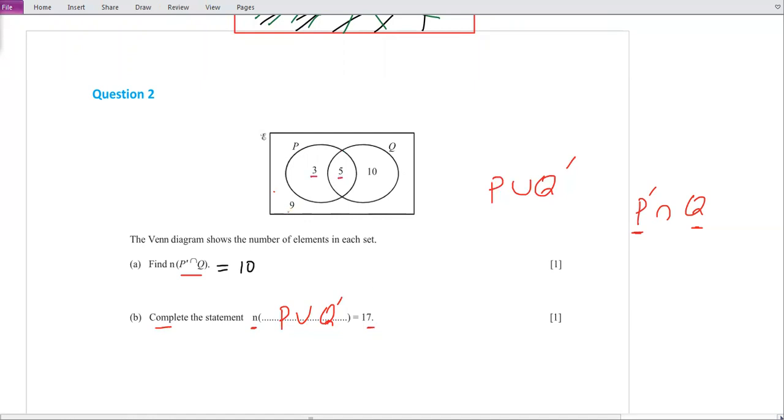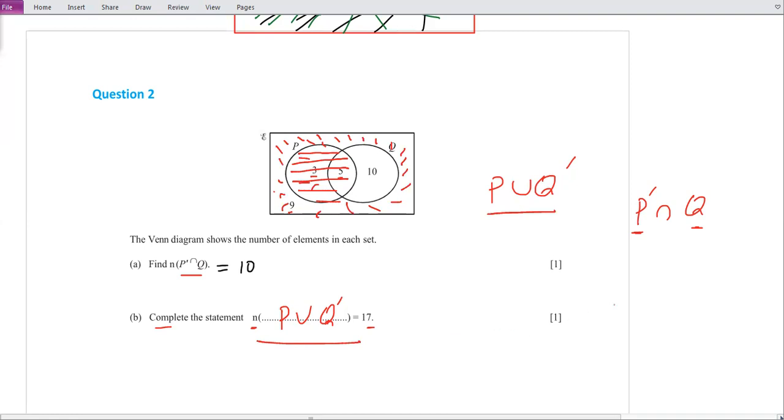This one and this one. You cannot include this 10. So I shaded this, inside the P, and then I just want this 9. I don't want 10, so I keep outside the Q. I did not remove anything, that is why it is P union Q dash.